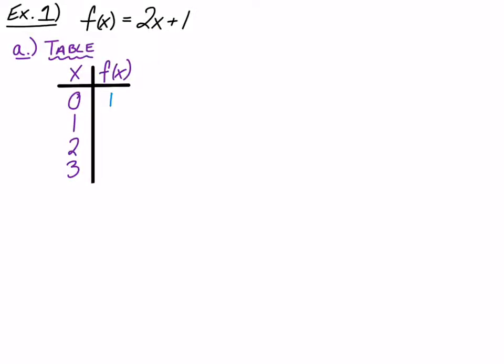You plug in 1, 2 times 1 is 2, plus 1, you get 3. You plug in 2 for x, 2 times 2 is 4, plus 1, you get 5. And if you plug in 3, you should get 7. Pretty straightforward. You're used to plugging things in for x and getting an answer.